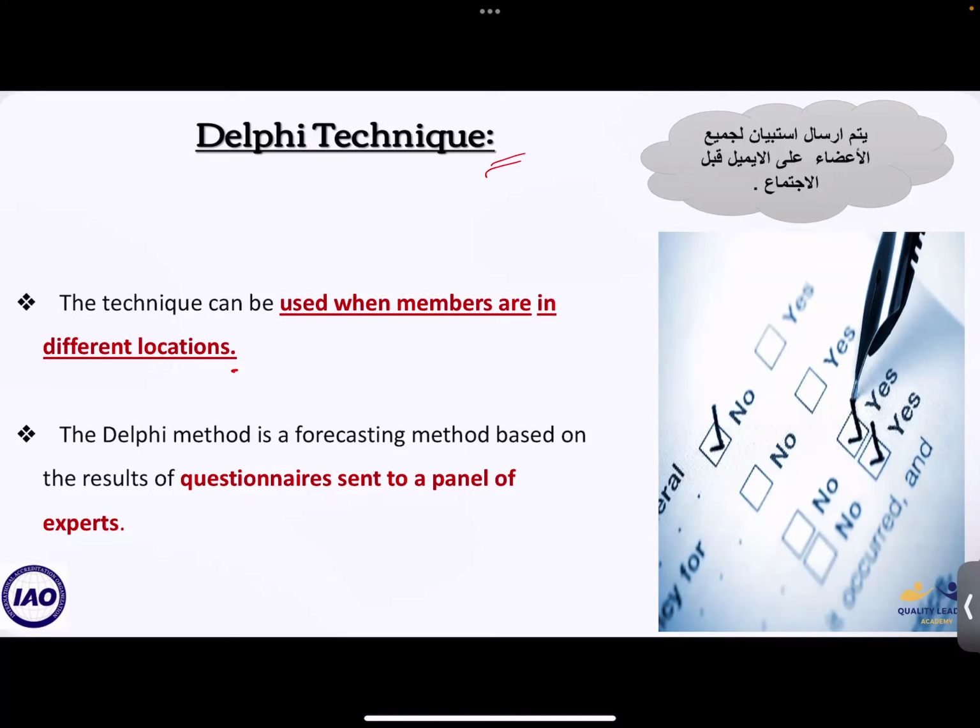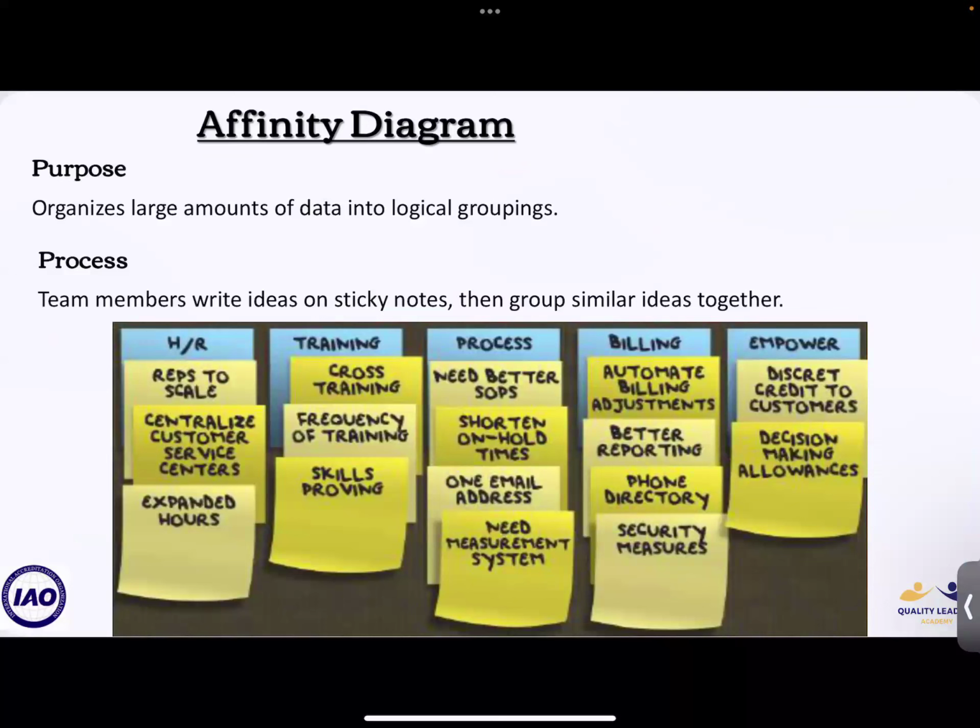All right. I have done brainstorming and collected a very large number of ideas. Now I need to categorize or rank them and organize them. I will use the affinity diagram when I have large amounts of data to put into logical groupings, and I want to do ranking or categorization to organize them and put similar ideas together.